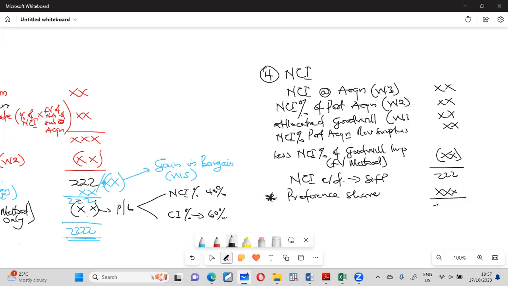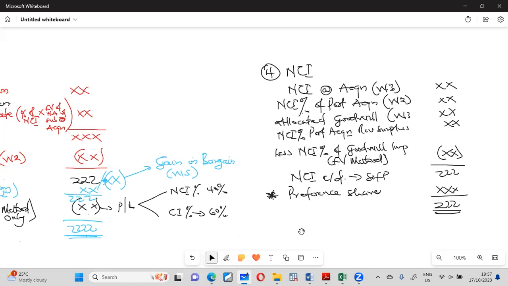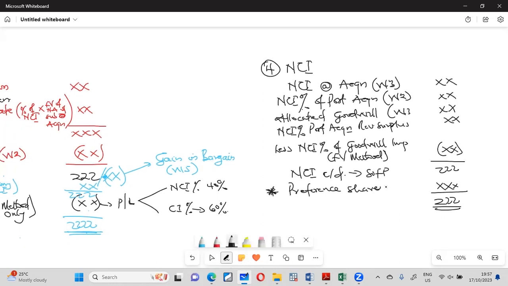It doesn't happen most of the time, but if it happens, add the preference shares to the NCI. Preferences of the subsidiary, not parental, of the subsidiary. So that is that.